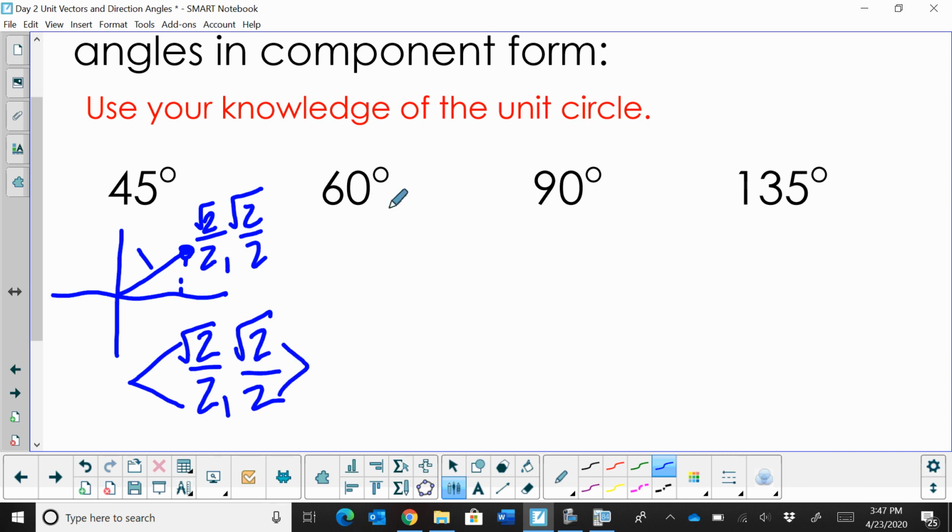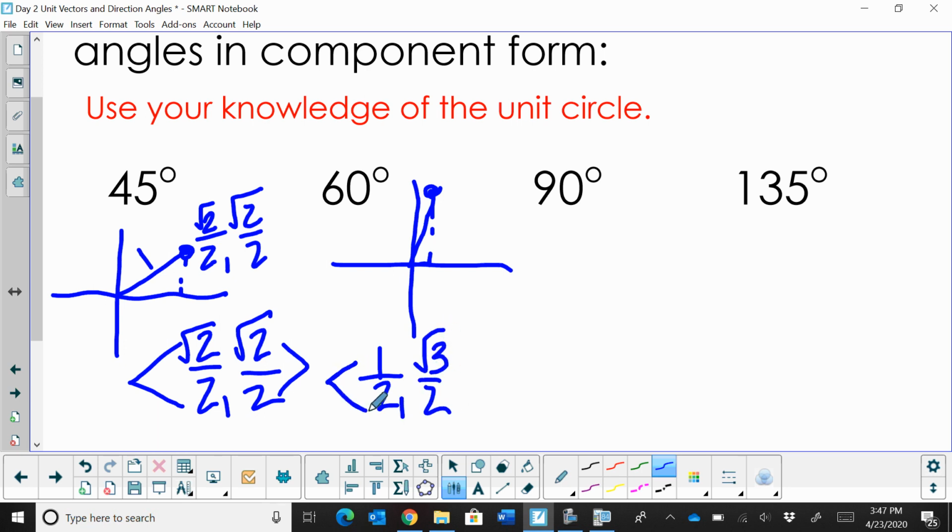So let's look at a unit vector for 60 degrees. Okay, 60 degrees, that's still in quadrant 1. That's a short in the x direction, a long in the y direction. So that's going to be 1/2 and root 3 all over 2. And that is a vector. So let's write the vector symbols.